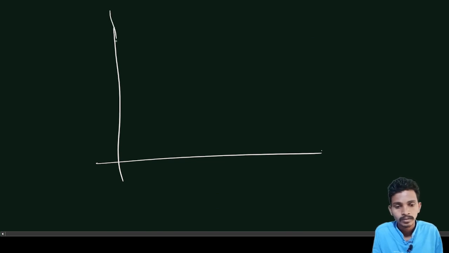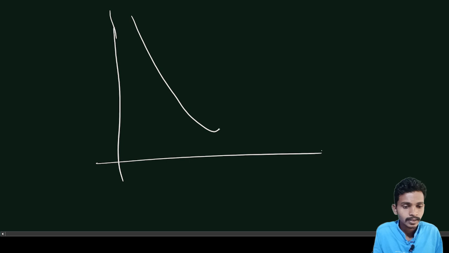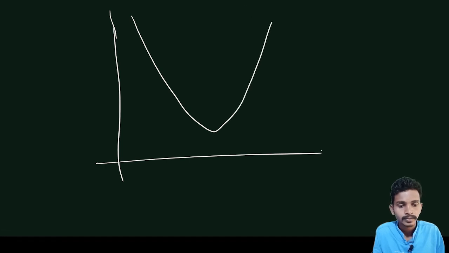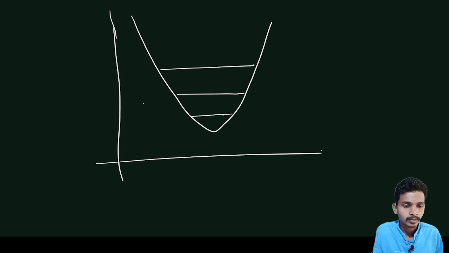So you draw like this here. Let's say here chlorine is there, here hydrogen is there.